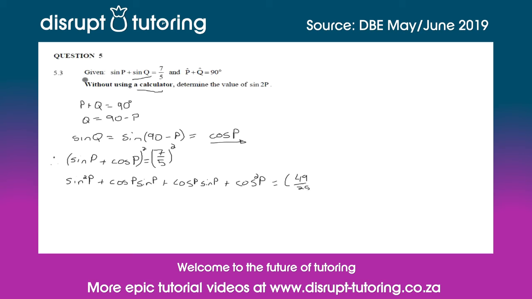You should be able to do that without your calculator. We also know that sine squared plus cos squared equals 1 from our formula sheet. So we're left with 1 plus 2 cos p sine p equals 49 over 25.